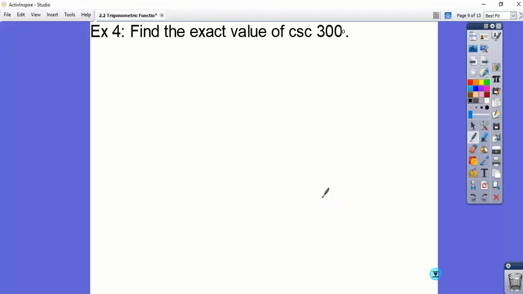Okay. Let's do cosecant of 300. So what quadrant is 300 in?